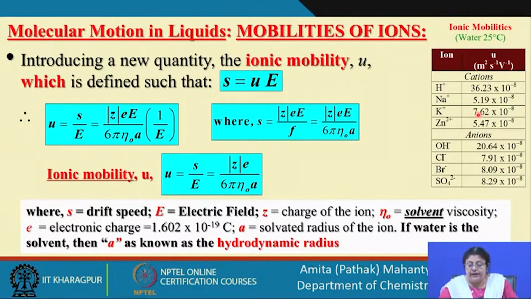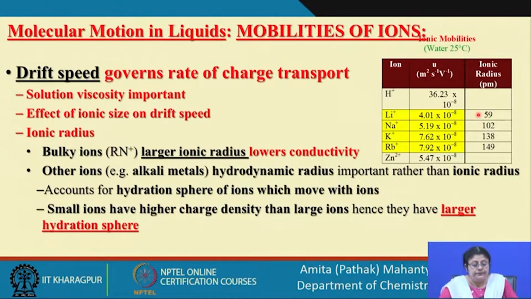How do we interpret the values of the ionic mobilities of the various types of ion? The drift speed governs the rate of charge transport, and drift speed is what we have just now seen.